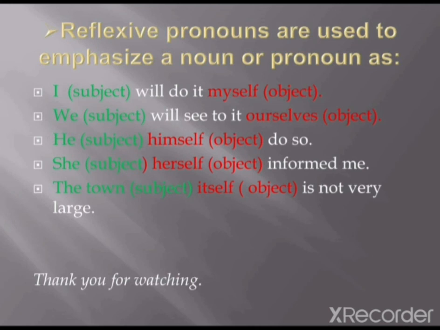What is I? I is subject. Myself is object. We, subject, will see to it ourselves. Ourselves is object. He, subject, himself, object, do so. She, subject, herself, object, in form. The town, subject, itself, object, is not very large.